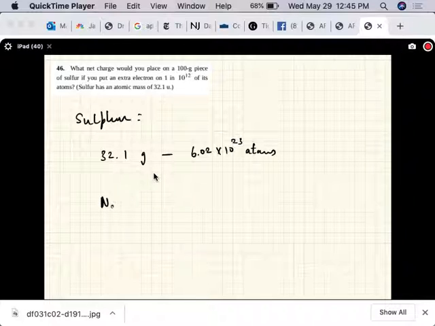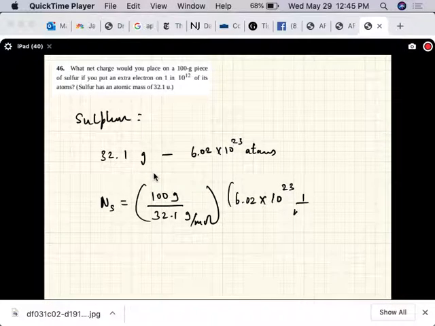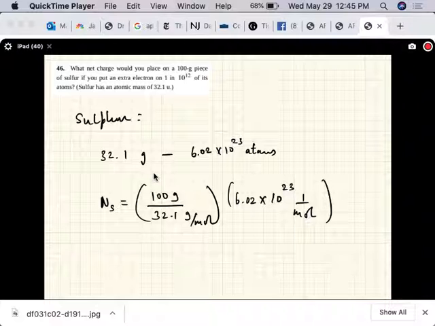Okay, so the number of sulfur atoms that you have is 100 grams divided by 32.1 grams per mole. That's how many moles you have. And 6.02 times 10 to the power of 23 atoms per mole. Okay, so that's how many sulfur atoms you have.